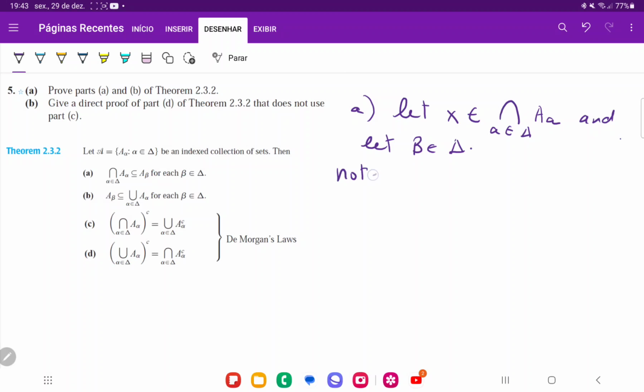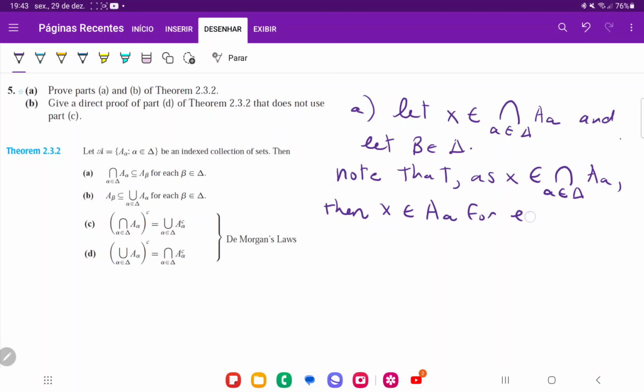Note that as X belongs to the intersection of A, then by definition X belongs to A for every index in the set of indexes, right?